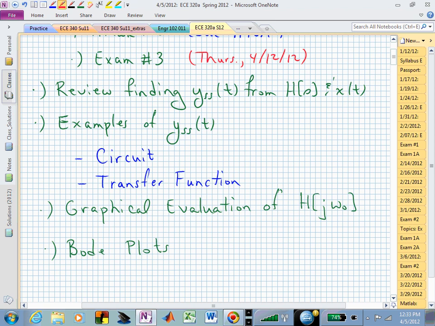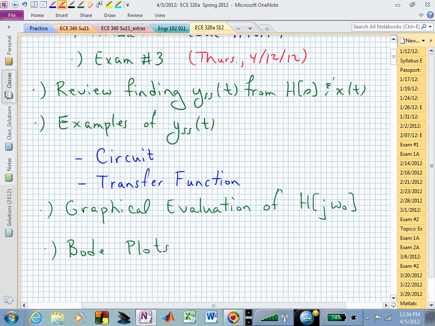Then we will look at plotting these transfer function poles and zeros in the S-plane and understanding how we can, from those pictures of S-plane plots of poles and zeros, determine graphically this complex number or complex expression for the transfer function evaluated at a particular frequency omega naught. So now we're going to the circus. We will be walking underneath the circus tent on the imaginary axis, and that's where we are walking.